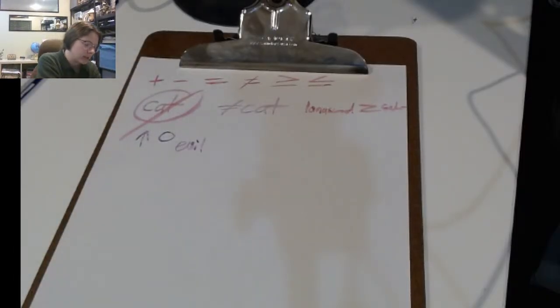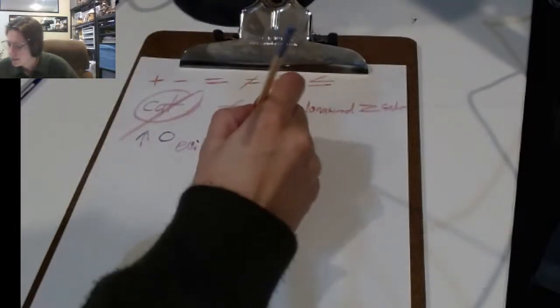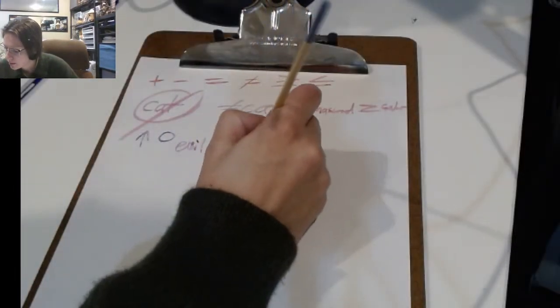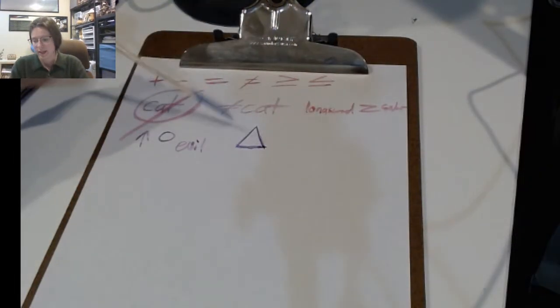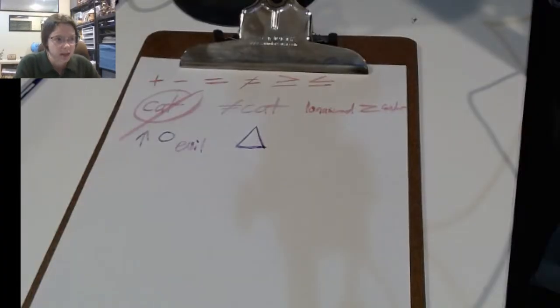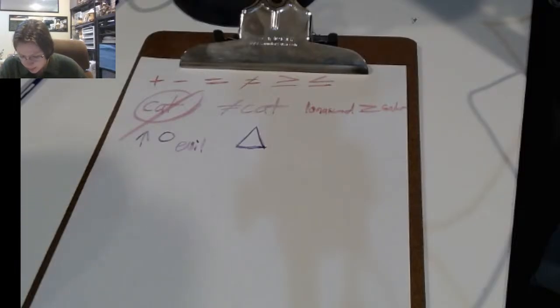Another one that's good to know is delta, which looks like a triangle. It's drawn like this. You can get it on the computer as well, and we'll talk about that in a minute. But the delta is a symbol that means change.